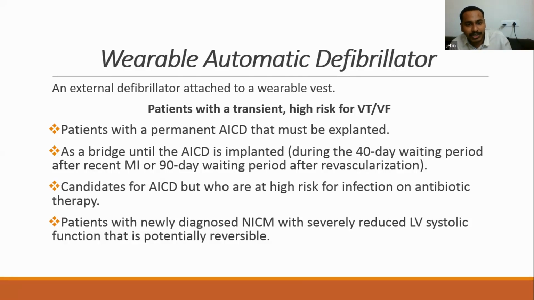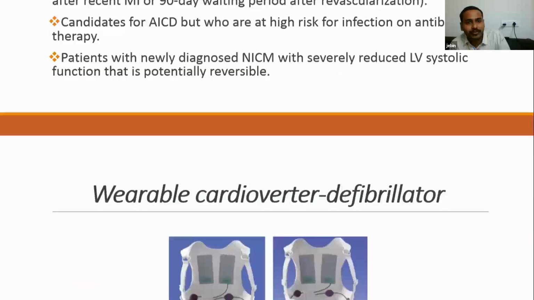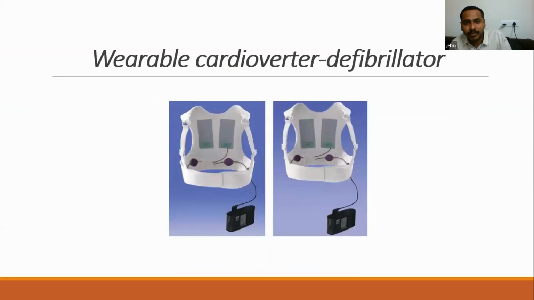Also candidates for ICD who are at high risk of infection or on antibiotic therapy, or patients with newly diagnosed non-ischemic cardiomyopathy with severely reduced LV systolic function that is potentially reversible. This is the image showing the wearable cardioverter defibrillator with the wearable vest in which the external defibrillator is attached to it.